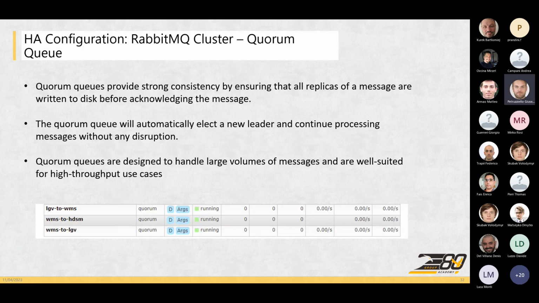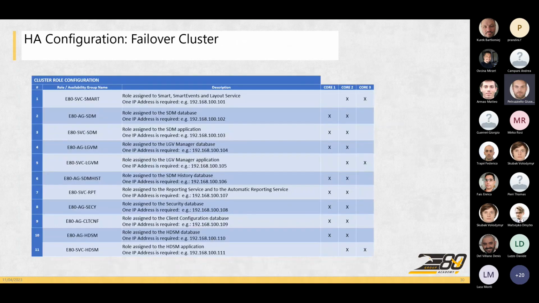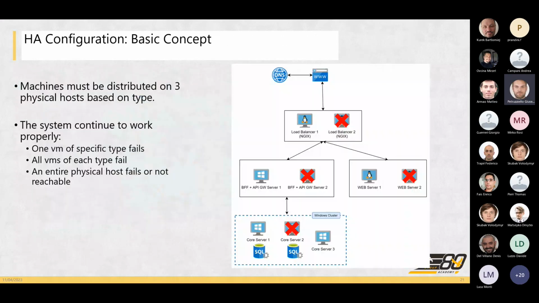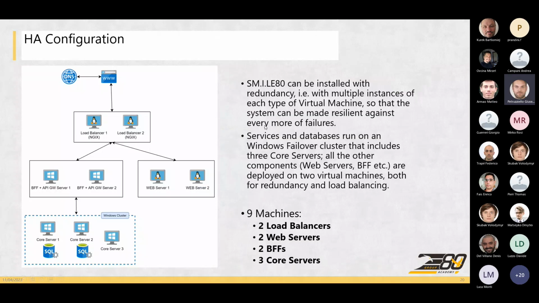Okay, let's recap about the HA system. It's a system that provides features for failover and high availability, and it's a solution designed to increase the optimal performance of the system, and of course to provide a feature of availability.